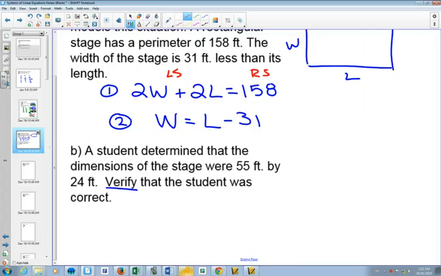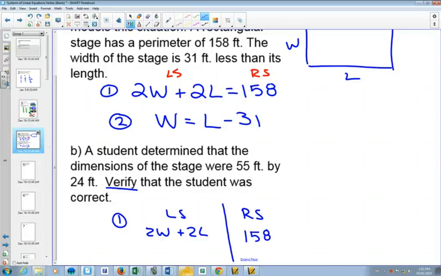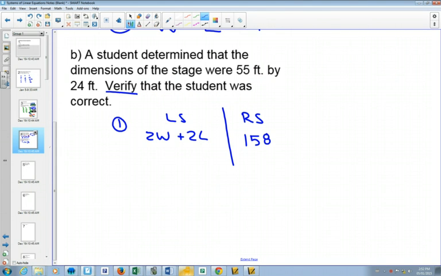So if we look at equation number 1, the left side says 2W plus 2L. We're going to draw a line, and the right side of our equation is 158. What we want to find out is, are they the same when I plug the numbers in? We don't use an equal sign because we don't know they're equal yet.